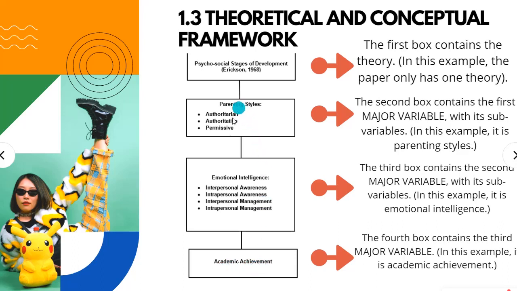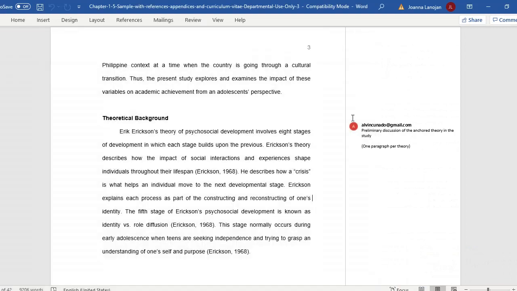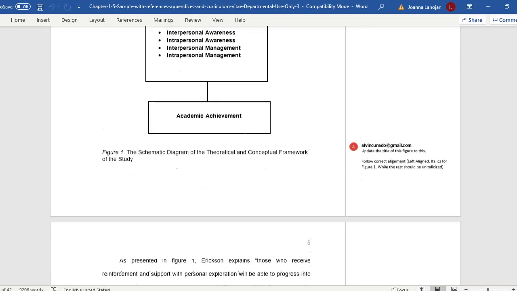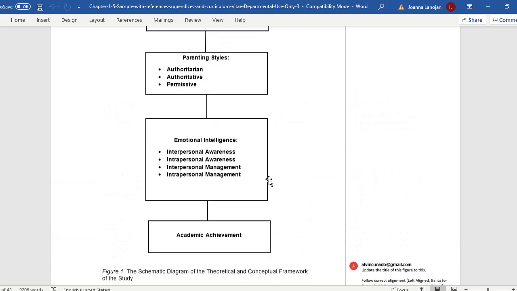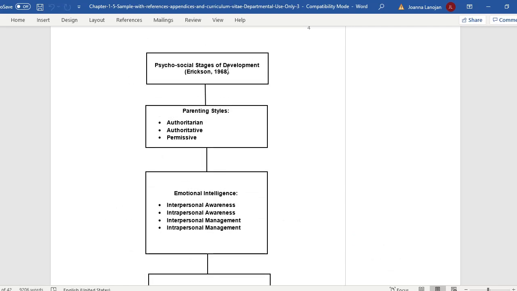There are three variables: parenting style, emotional intelligence, and academic achievement. Again, draw Figure 1, the schematic diagram of the theoretical and conceptual framework of the study. What is the title of the framework? Okay?